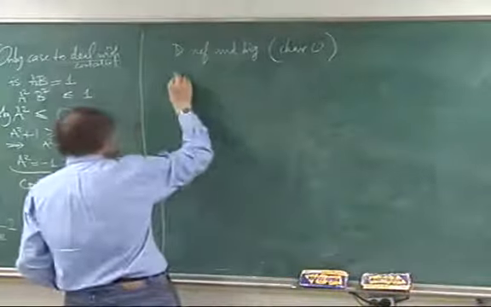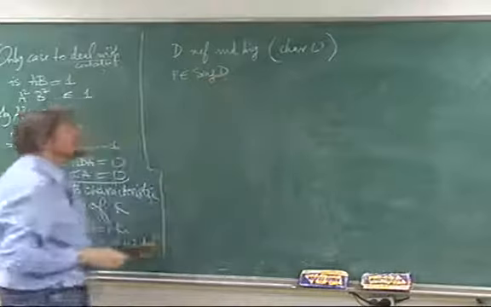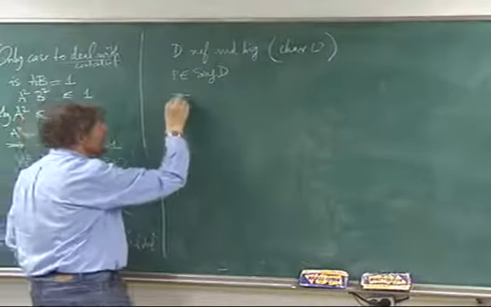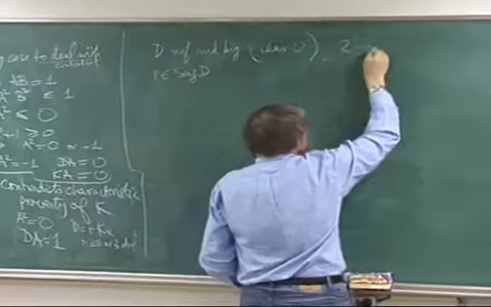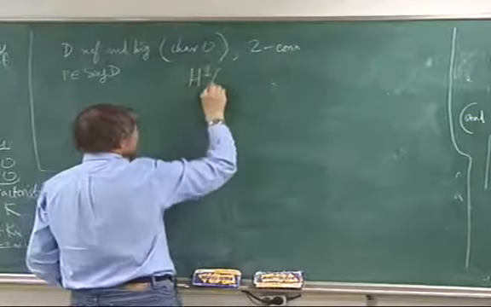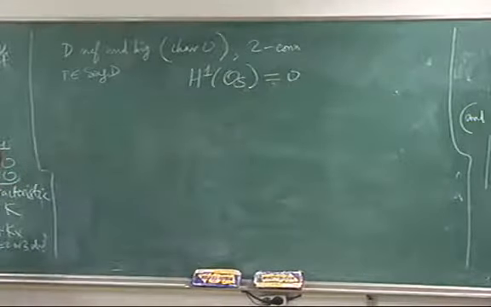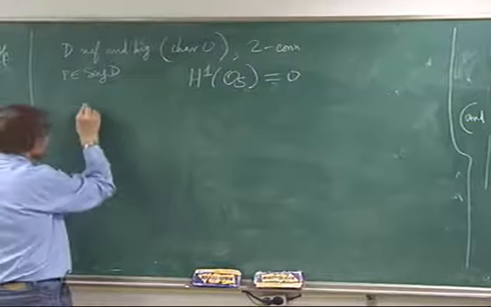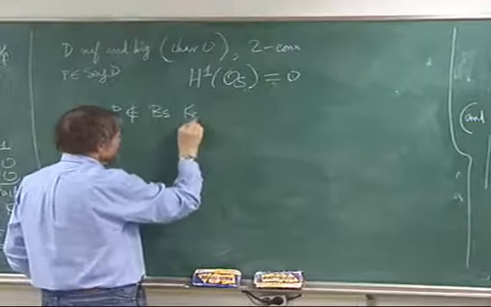And if P is a singular point of D, and D is 2-connected, and I'm going to assume here that H1 of O_S is 0. Next time I'll explain that you can get rid of this, that you don't need this condition. This was Ramanujam's vanishing theorem. Then P is not contained in the base locus of K_S plus D.